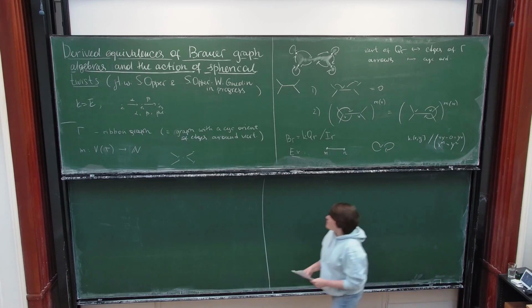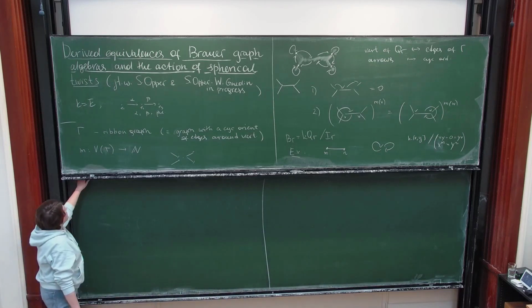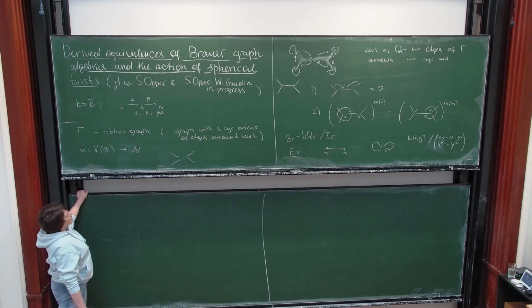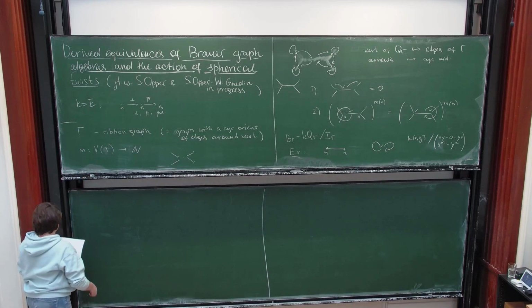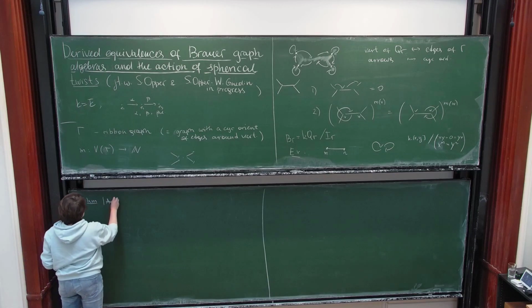Okay. So, yeah, derived equivalences. The first question one can ask is whether this class is closed under derived equivalences, and the answer is yes. This is the first theorem by Antipov and myself.